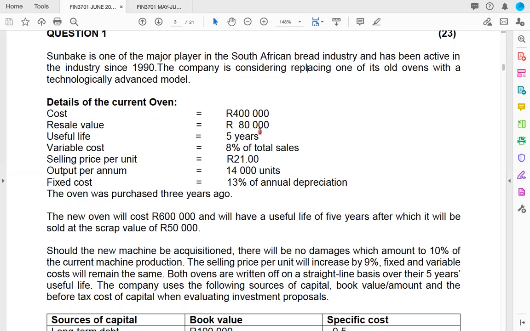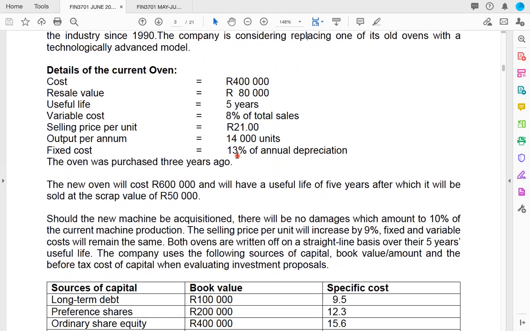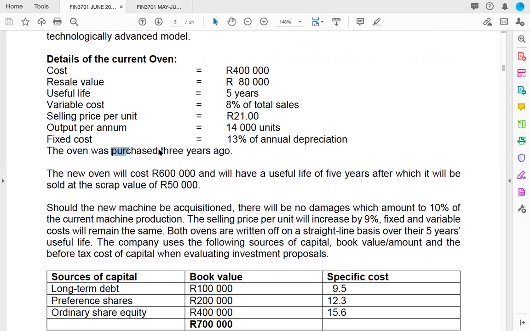It currently has a resale value of 80,000 Rand and a useful life of 5 years. The variable costs are 8% of total sales. The selling price per unit is 21 Rand. An output per annum of 14,000 units is anticipated, and fixed costs are 13% of the annual depreciation. And the oven was purchased 3 years ago, so this is important.